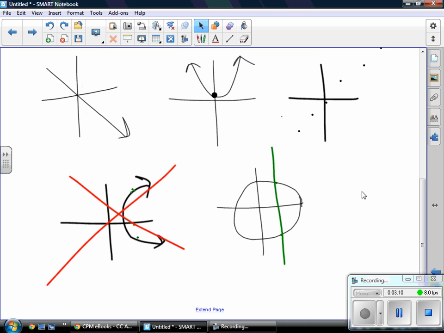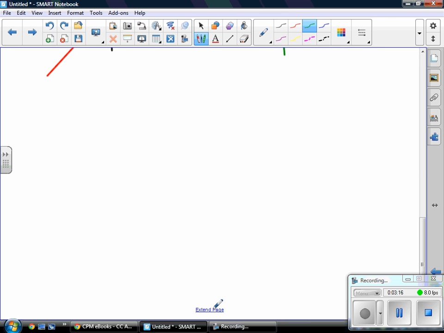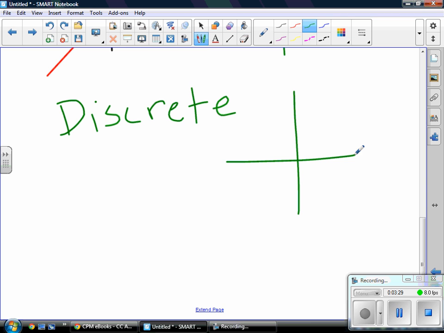So we know what a function is now, but is a sequence a function? Well, what is a sequence? A sequence is going to be kind of a pattern of numbers, but it's discrete. Discrete, we talked about this, means you don't connect the points. So in my example above, I have points like this. I do not connect them.